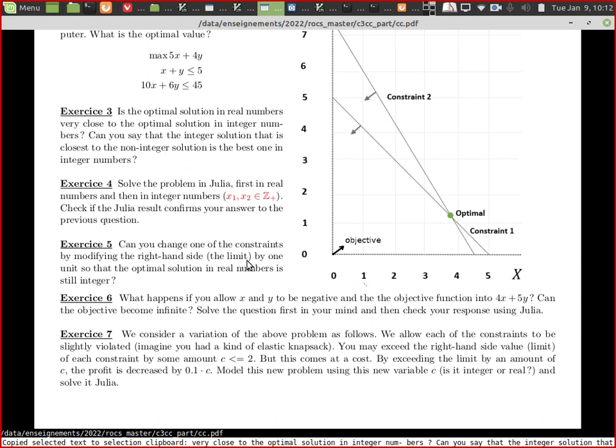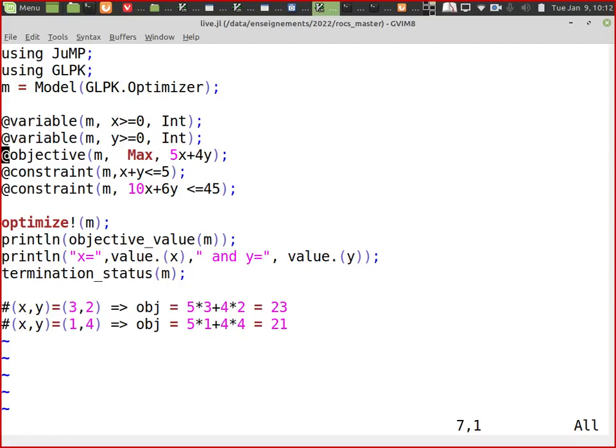Let me change the model a bit. Do you know what happens if I put, instead of integer, just for your information, bin? This means binary. Binary variables can be 0 or 1.